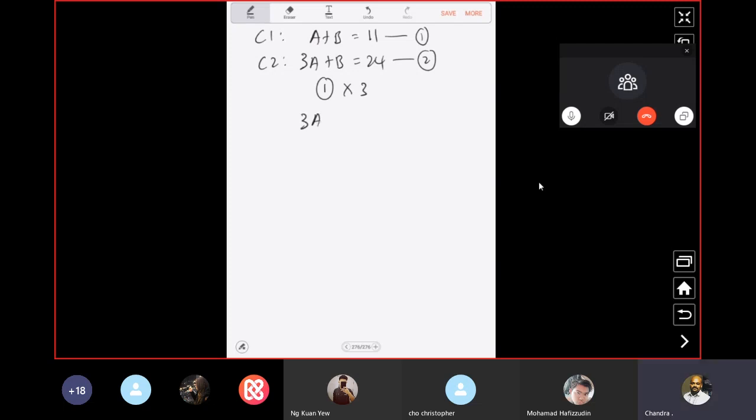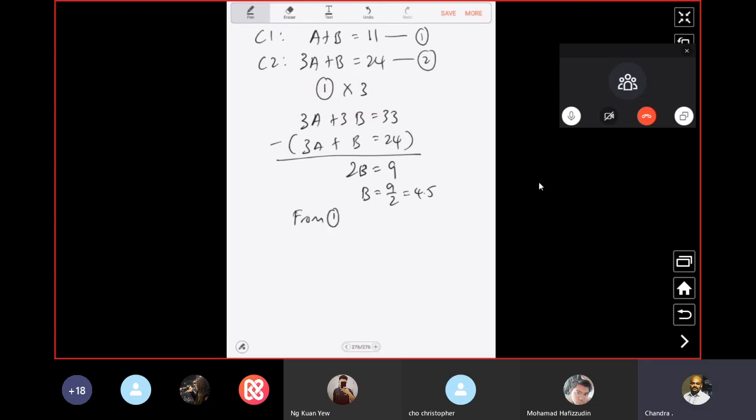I'm doing elimination method. Okay. I'm going to solve this for A and B. So if I do this, I will get 2B equal to 9, B equal to 9 over 2, which is 4.5.